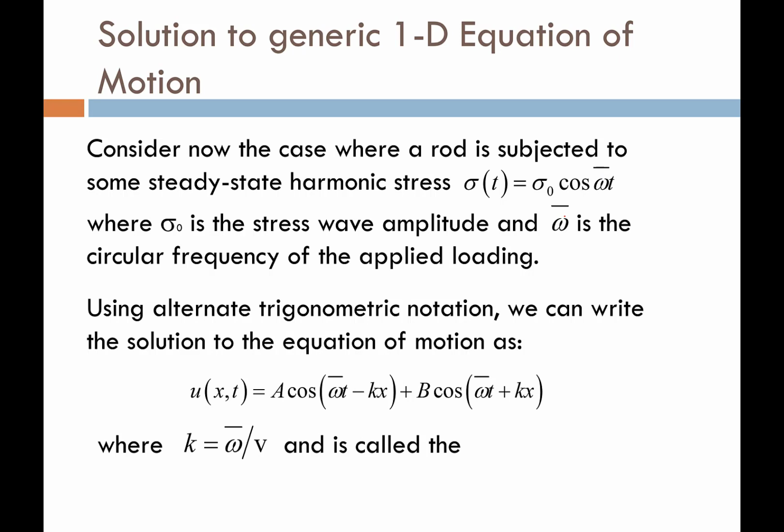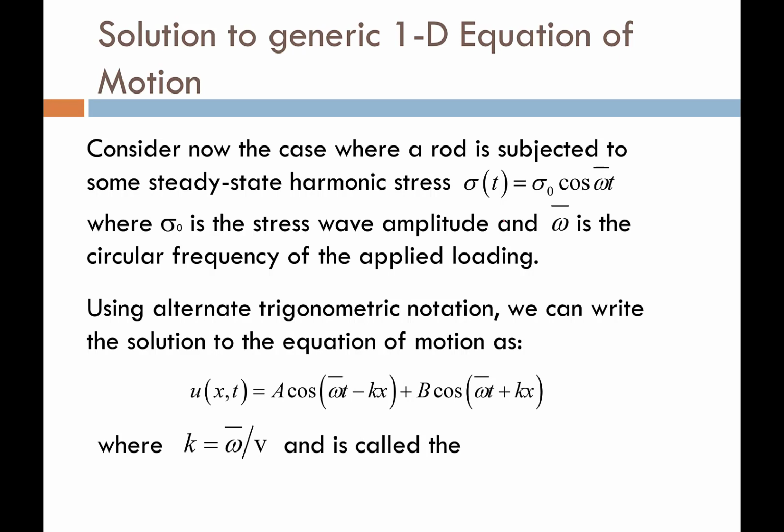And I'm applying that stress at a circular frequency equal to omega bar. That just describes how many radians pass in time before I apply the next load of stress into the bar. So now we have simple harmonic periodic motion going into the rod.